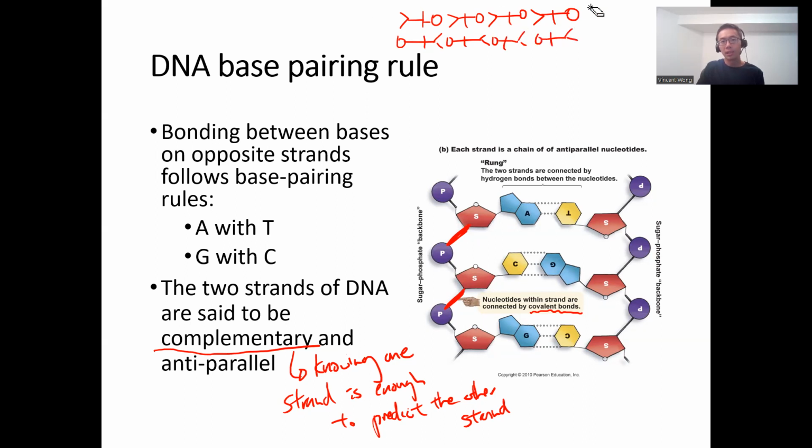One is head to feet this way, and the other is feet to head. They are opposite but parallel to each other. So this property of DNA is called anti-parallel. DNA strands are complementary and anti-parallel.